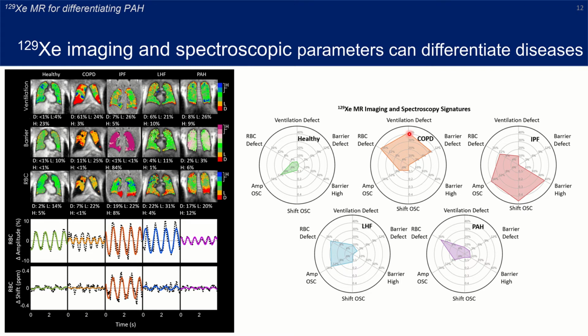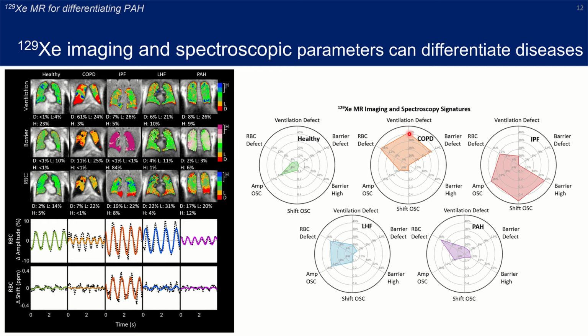In a healthy patient, we expect to see normal amplitudes and otherwise no significant defects or high barriers or shifts in oscillations. But in our COPD patients, we see defects in ventilation and barrier, as well as in red blood cells. In the IPF patients, we see a high barrier and both a shift in their oscillations and an increase in the amplitude of their oscillations.